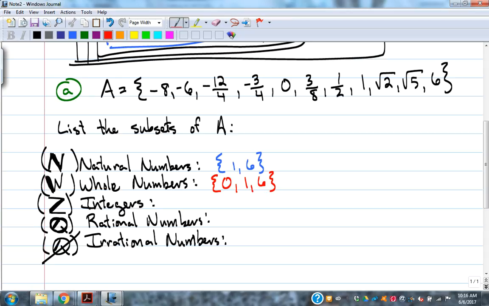Okay. Integers. So we know 0, 1, and 6 should be in this set. What else should be in this set? The integers takes the whole numbers and adds the negative whole numbers to it. -8 and -6 and 0 and 1 and 6.